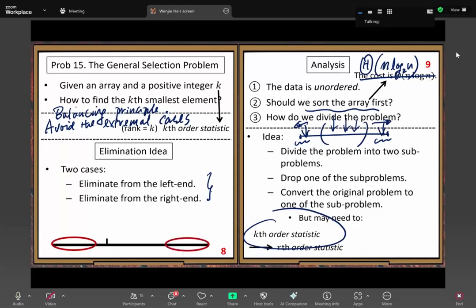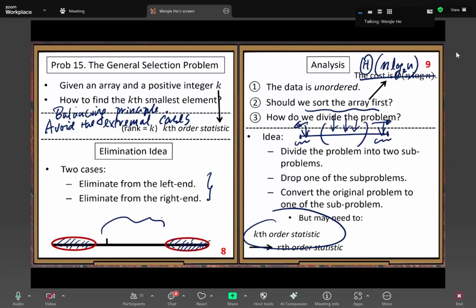For that algorithm, in order to avoid the bad worst case situation, when you do the division, you need to do a lot of work to help you eliminate the cases that are close to the left extremal case or close to the right extremal case. Then you do divide and conquer only somewhere in the middle.